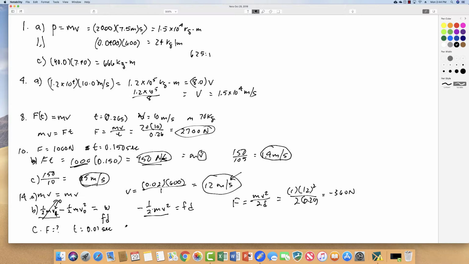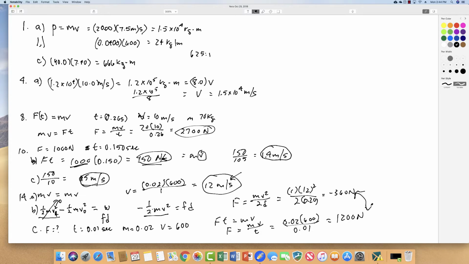We know the mass of the bullet is 0.02 and the velocity is 600. So Ft is equal to mv, so F is equal to mv divided by T. So that's going to equal 0.02 times 600 divided by 0.01. So this is 12 divided by that, which is going to be 1,200 newtons.